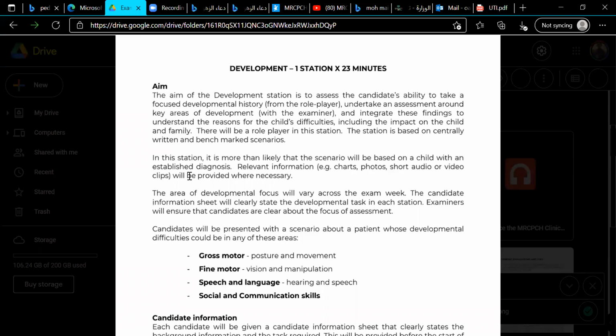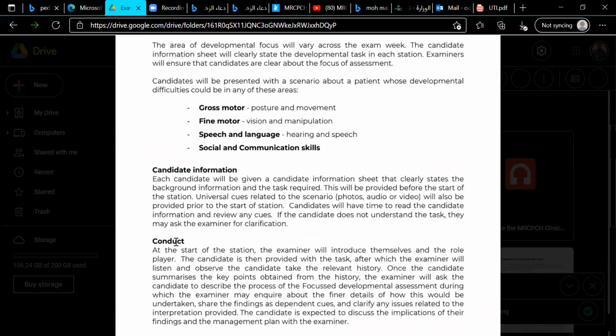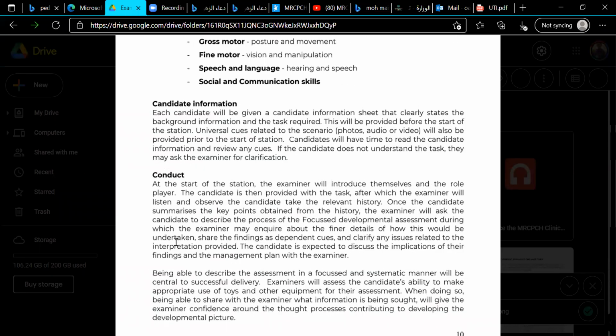So the examiner will listen and observe the candidate take the relevant history. Once the candidate summarizes the key points obtained from the history, the examiner will ask the candidate to describe the process of focused developmental assessment, during which the examiner may inquire about the finer details of how this would be undertaken.